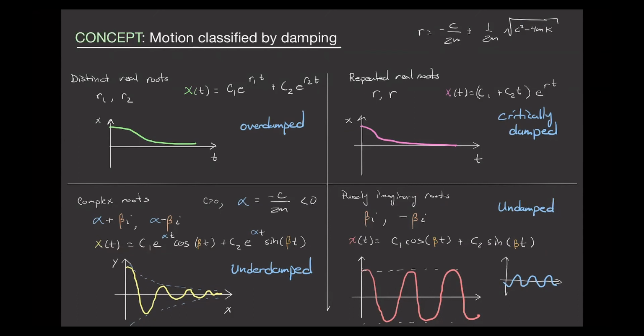Like this is the door being really open and then it slowly comes to a close, but it doesn't swing past being closed. One, because of the prevention of the physical shape, but also two, even if it could, there can be enough damping so that that doesn't happen. So there's overdamped, critically damped, underdamped, and undamped.